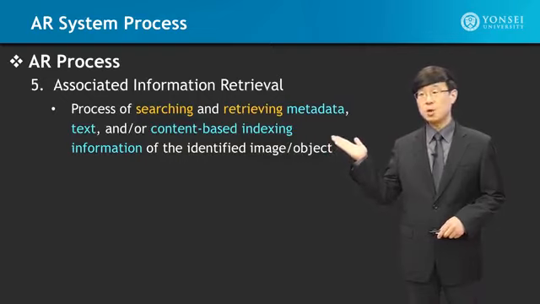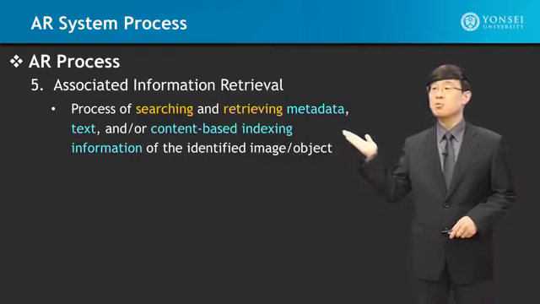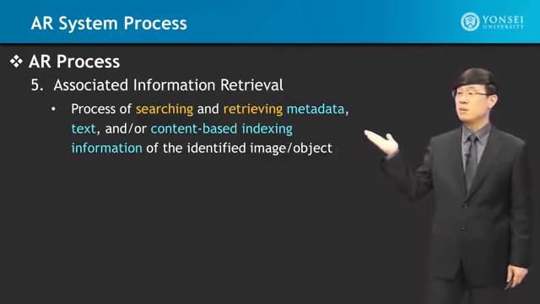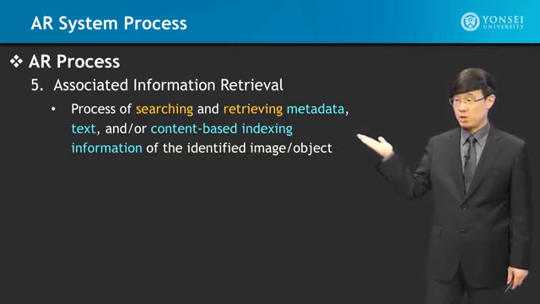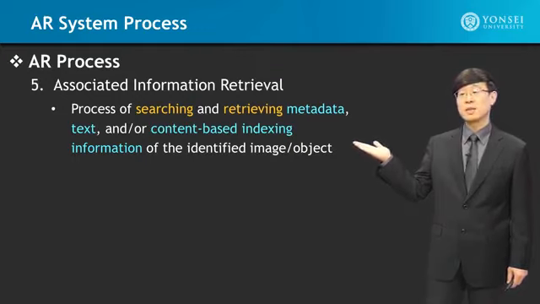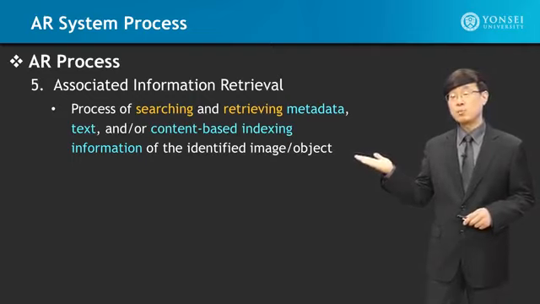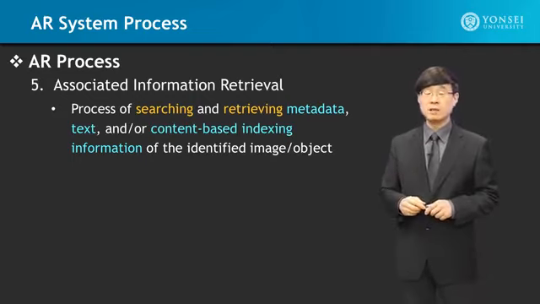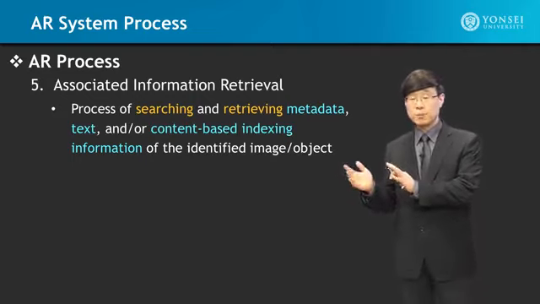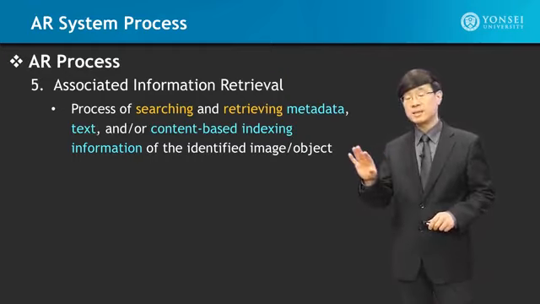Then there is associated information retrieval. This is the process of searching and retrieving metadata, text, or content-based indexing information of the identified image object that we have just done the feature extraction of. So therefore, this is another critical component. We need to decide, are we going to put an avatar on that object, on the side of it, or are we just going to put simple text?